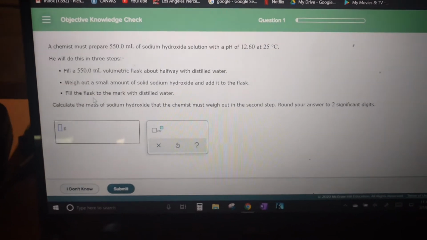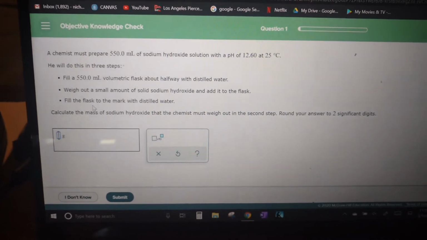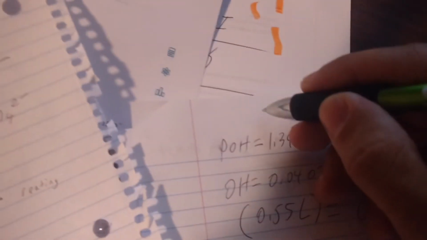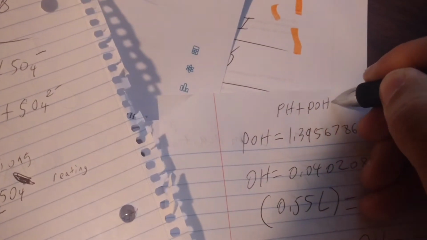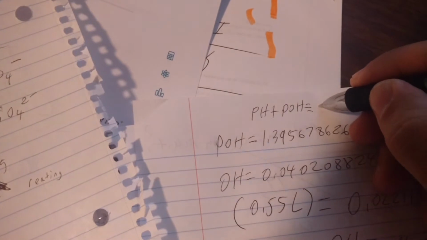But anyway, if you're going to do pH, pOH, this is the way to do it. Instead of doing pH plus pOH equals 14, you're going to do this. You're going to do pH plus pOH equals, oh, I put 3 lines. Sorry, I have dysgraphia.